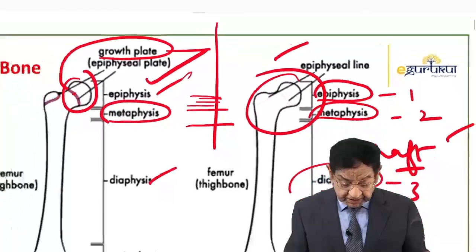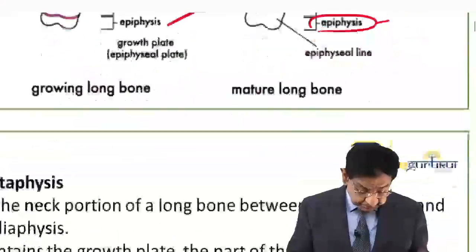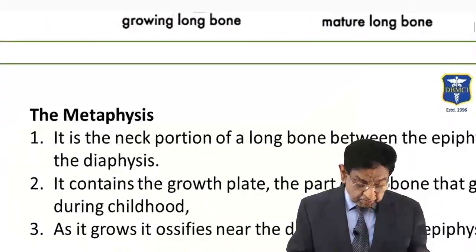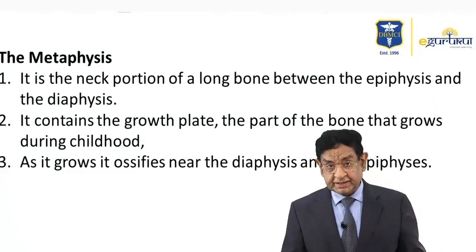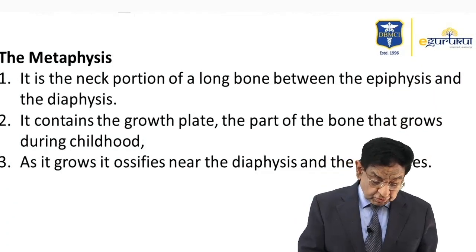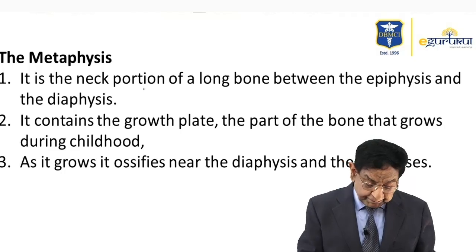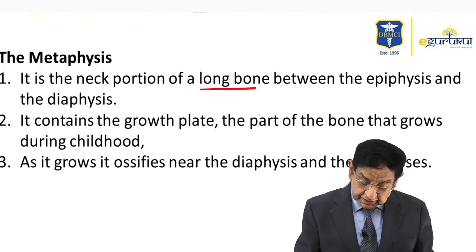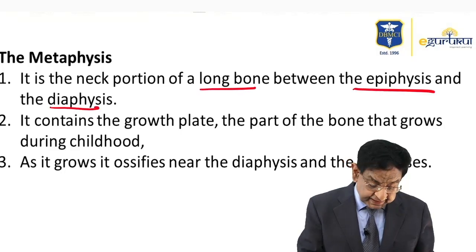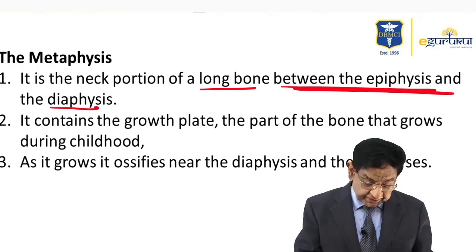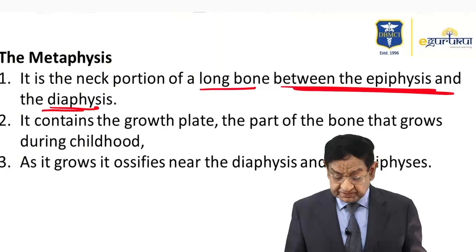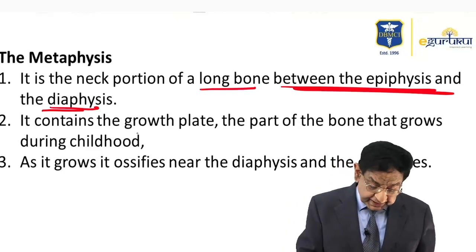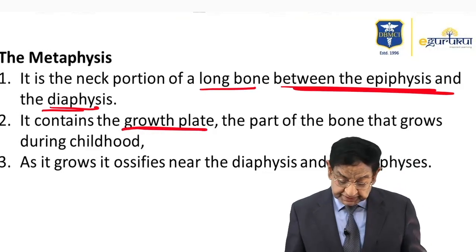So we are clear about the structure of the bone. Now let me talk more about the metaphysis, which is the most important point as of now. The metaphysis is the neck portion of the long bone between the epiphysis and diaphysis. It contains the growth plate.